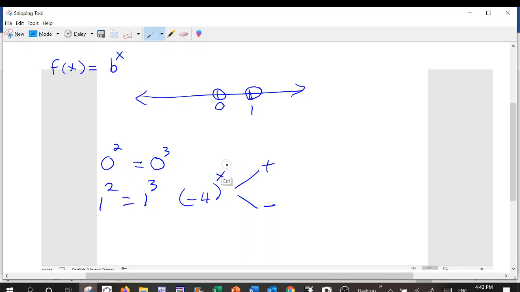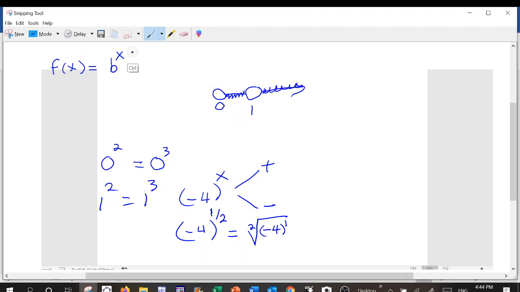And then if x is a fraction, for example, let's say x is 1/2, well, we know this would mean a square root, right? The 1 goes here and 2 goes here, and that is not a real number. So many problems. So we're going to get rid of negative numbers completely. We only want numbers between 0 and 1, and the numbers after 1.